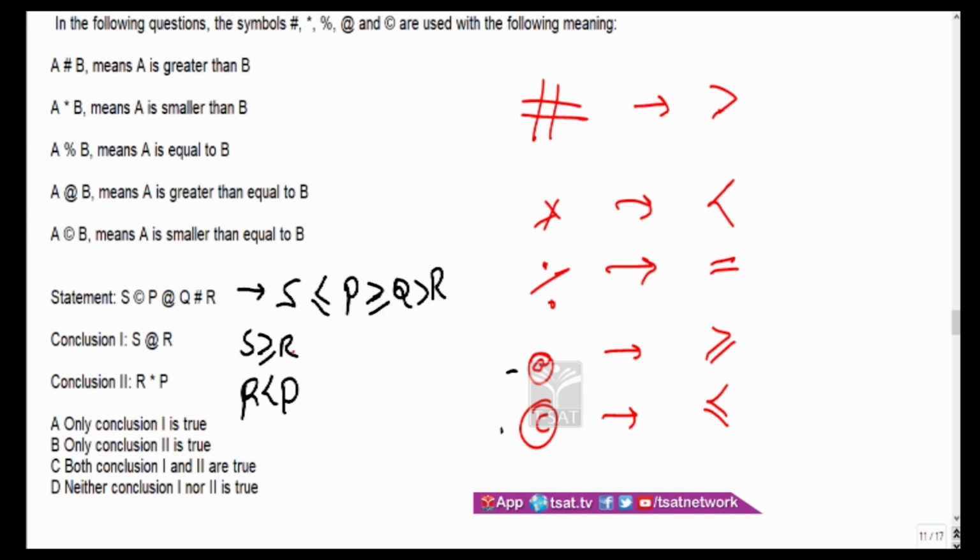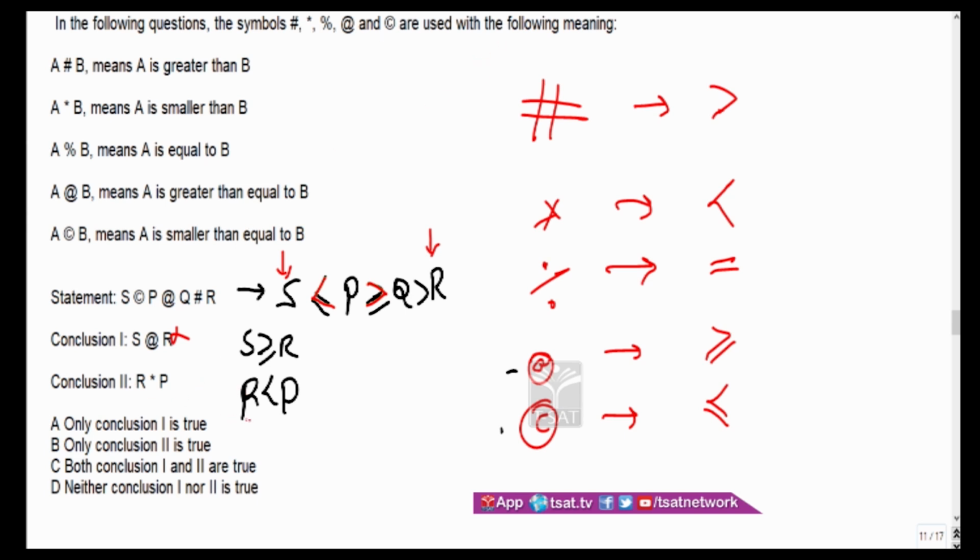He is saying that S is greater than or equal to R. See the two symbols, S here, R here. And the greater than symbol should always point towards S. But see here, it is less than, but the conclusion says greater than. So obviously this particular conclusion becomes wrong.